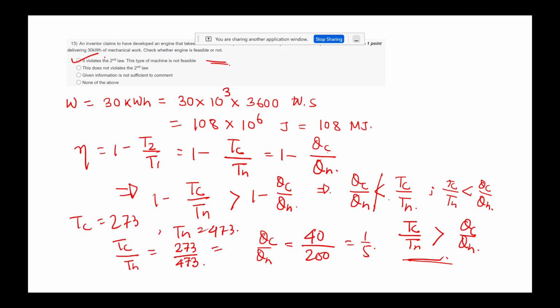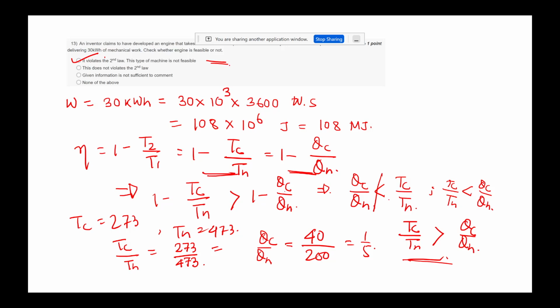Now if QC by QH is greater than TC by TH, then only the efficiency for this expression will be greater than this, right? If it is smaller compared to this one, then this efficiency will be greater than this. That can be visible.